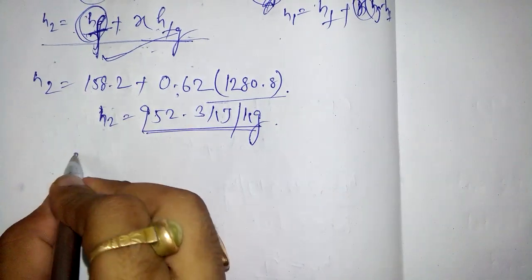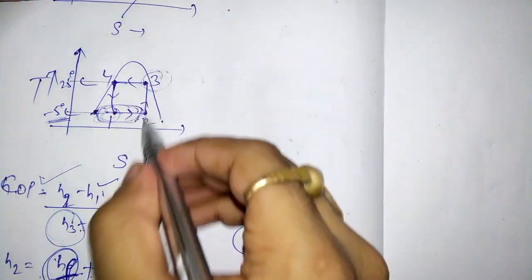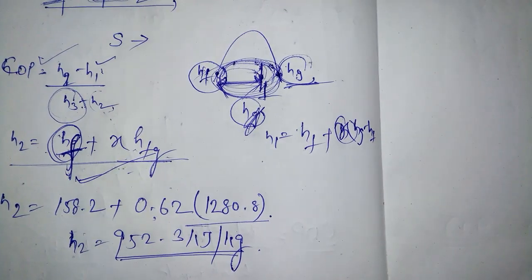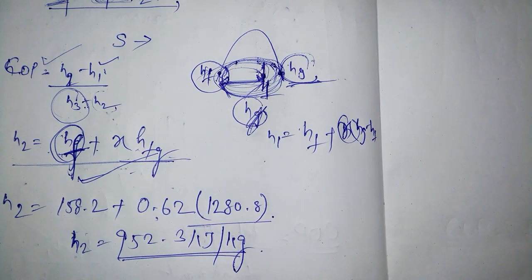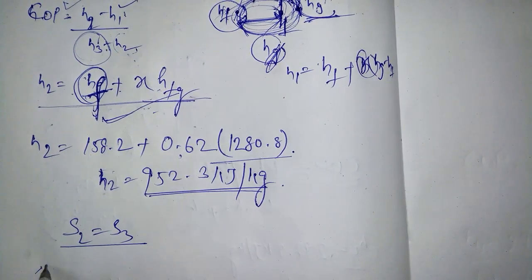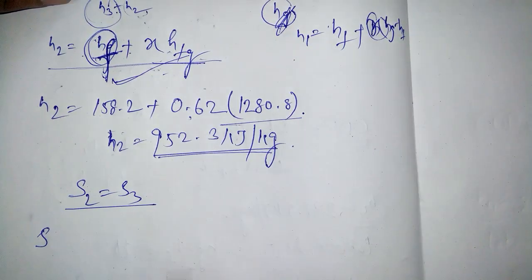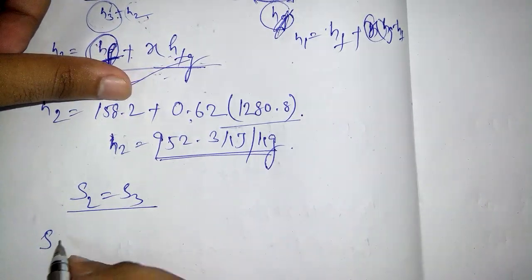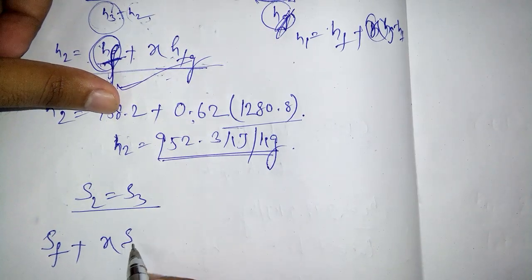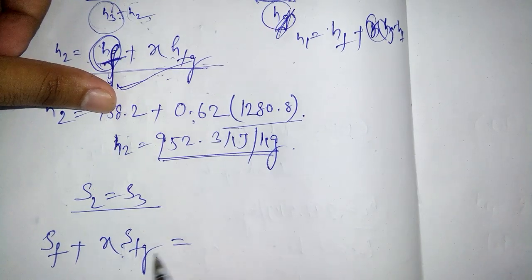How to find it? See, S2 is equal to S3, because entropy is constant. S2 is Sf plus x into Sfg, that is Sg minus Sf, and that equals S3.